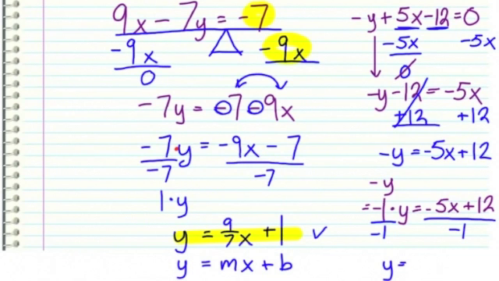Negative 1 divided by negative 1 is just 1, so I'm left with y equals. Negative 5 divided by negative 1 is positive 5x, and positive 12 divided by negative 1 is going to be a negative 12. So my final answer is y is equal to 5x minus 12.